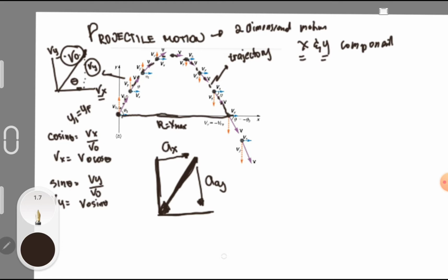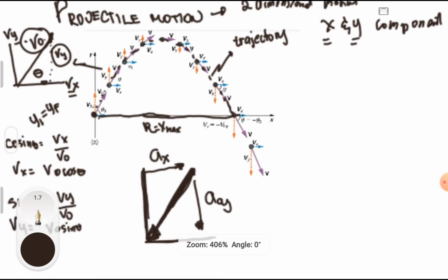But take note, guys, that based on the definition of projectile motion, the motion of the object thrown or projected into the air is subjected to only the acceleration of gravity. So from that proposition, I may say that my ax is 0, and my ay is equal to negative ag.